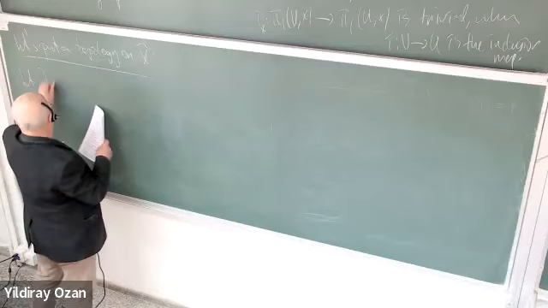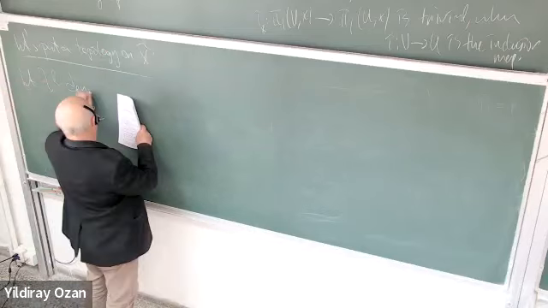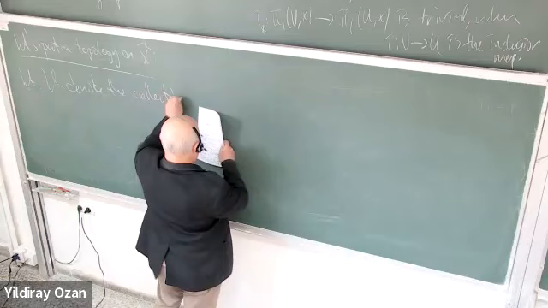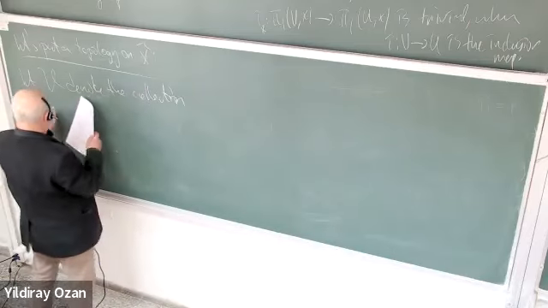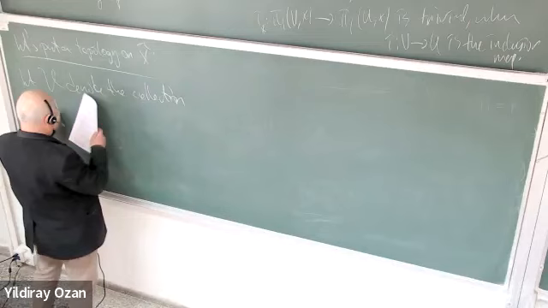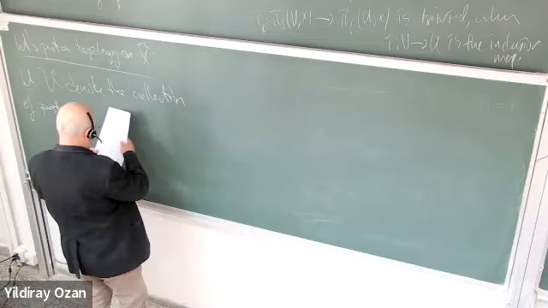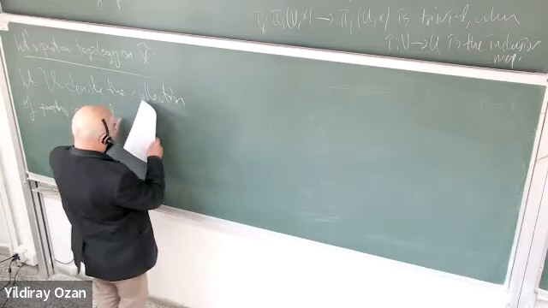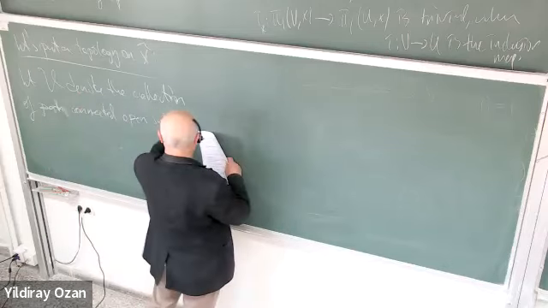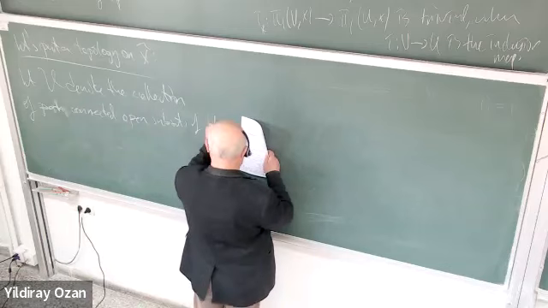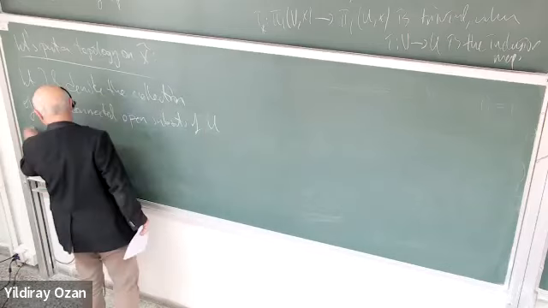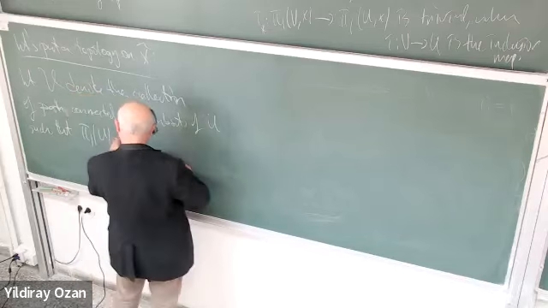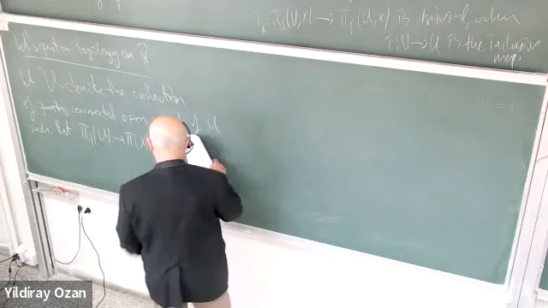Let U denote the collection of path connected open subsets of X such that pi 1 U into pi 1 X is trivial.